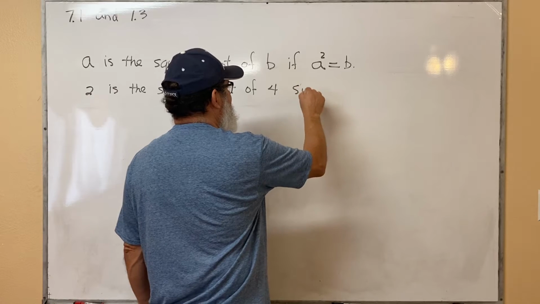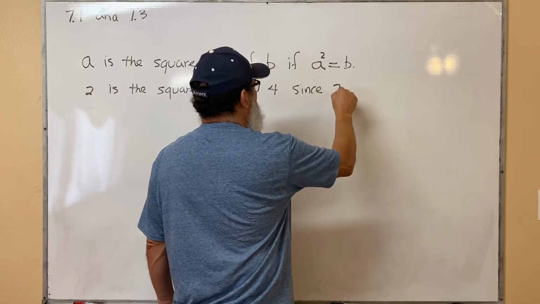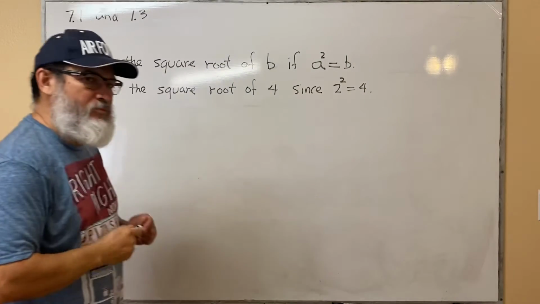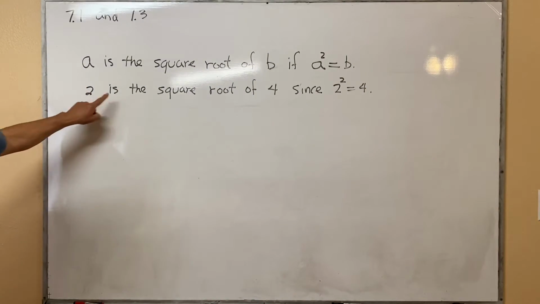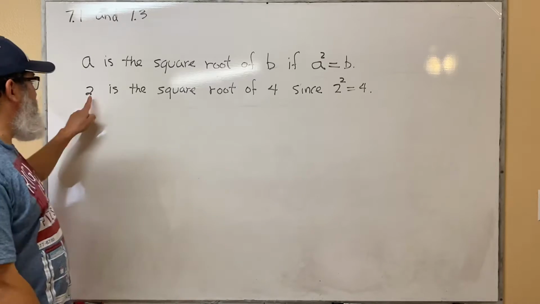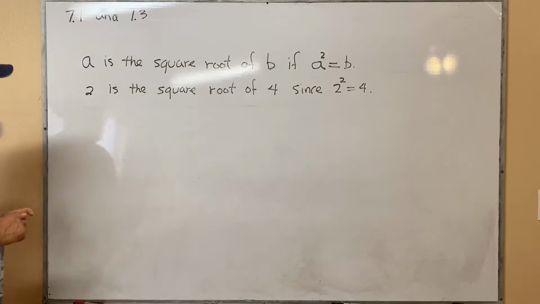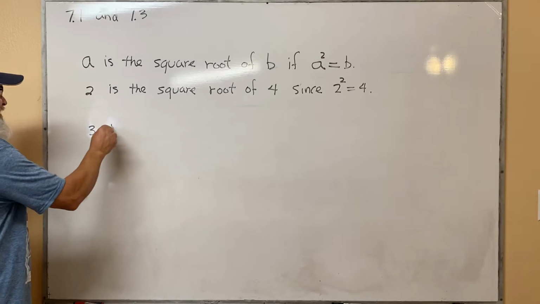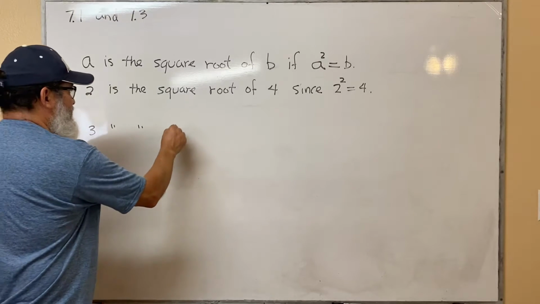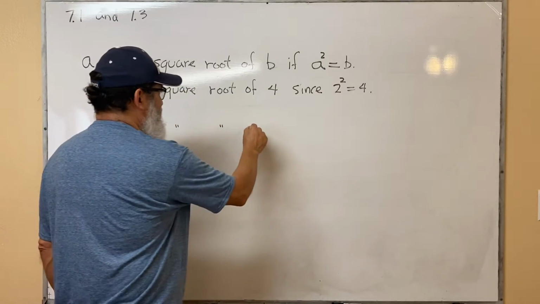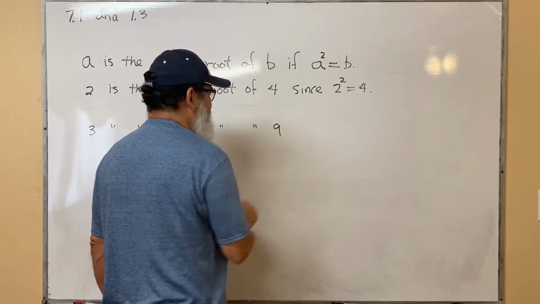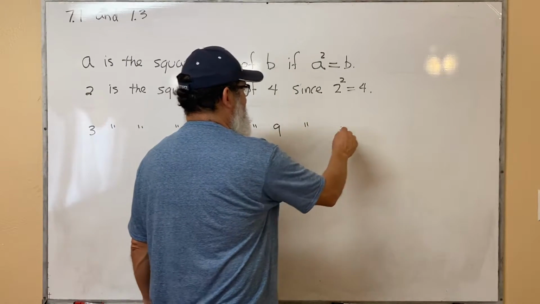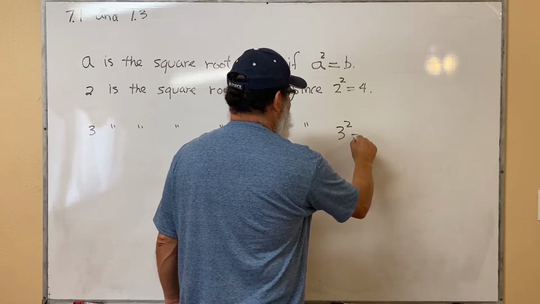Since 2 squared equals 4. 2 is the square root of 4 because when you square this, you get 4. Here's another one. 3 is the square root of 9. And why is that? Since 3 squared is 9.